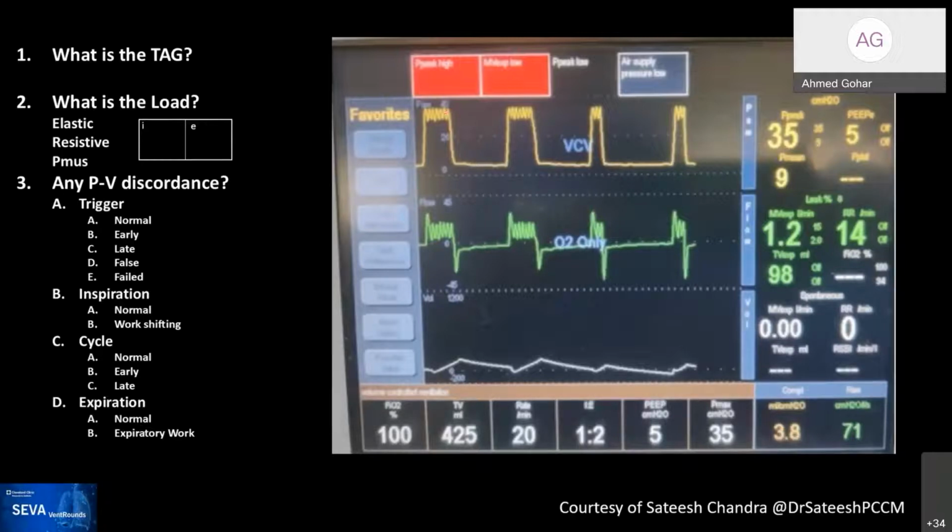So I'm going to go with PC for my control variable. The inspiratory time is very variable between the breaths, so I'm inclined to say that this is some form of CSV. I don't see indications of patient triggers though, which makes me wonder.